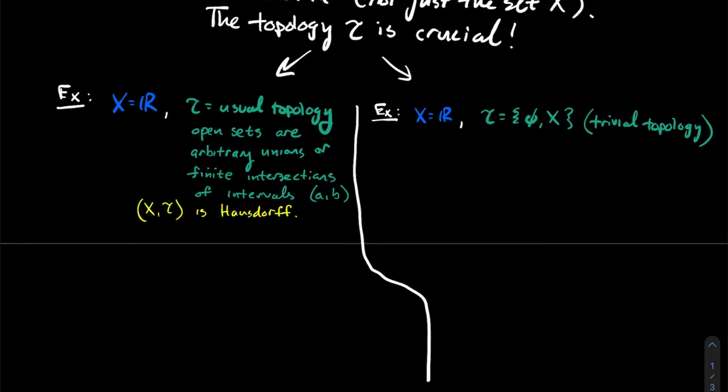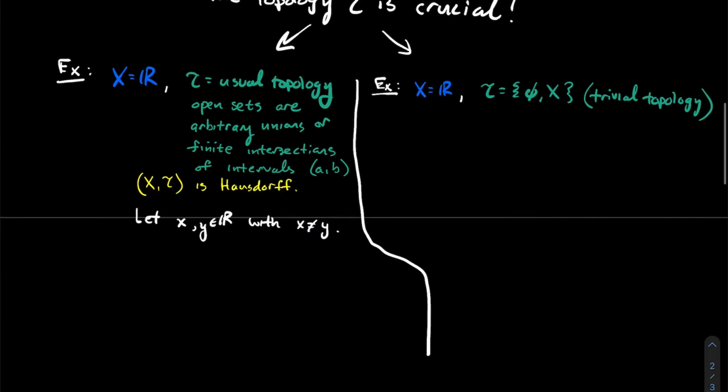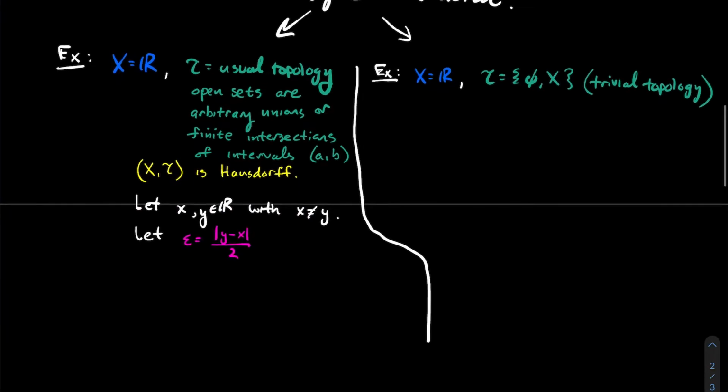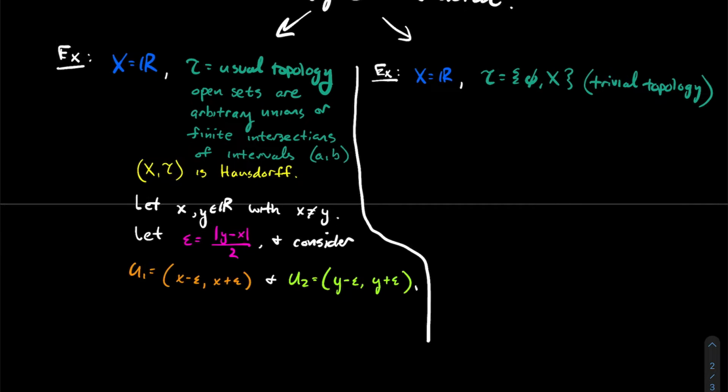Now let's go back to the left. The real line with the usual topology that we're used to from algebra and calculus is a Hausdorff space. And to see this, let x and y be two real numbers that are distinct. Let's measure the distance between x and y and cut it in half, calling it epsilon. I'm going to make a set centered at x of that radius, going that many units to the left and that many units to the right.